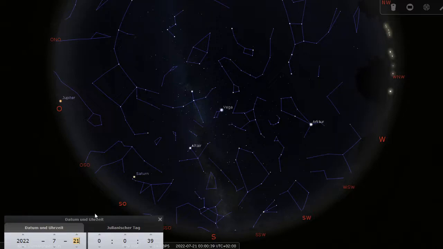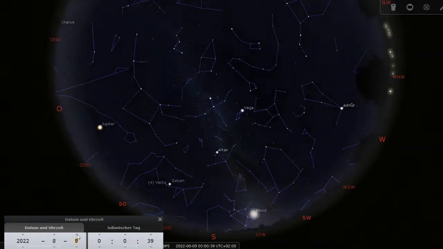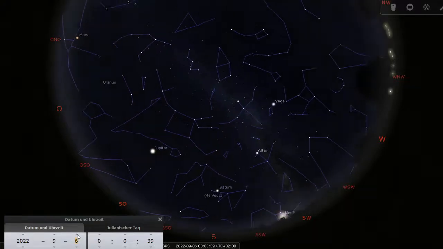Because the constellations do change, because we look at different portions of the universe around us as the Earth circles around the Sun. So let's just continue and go back where we started.